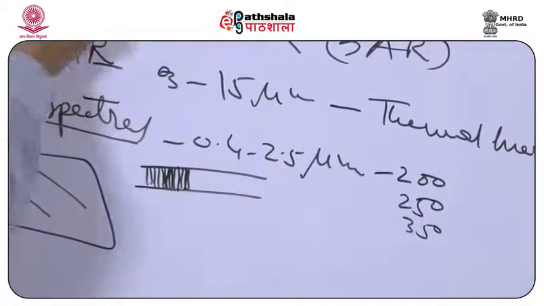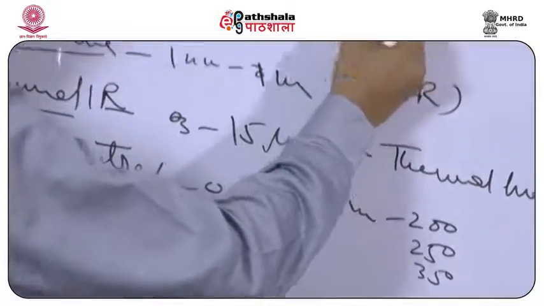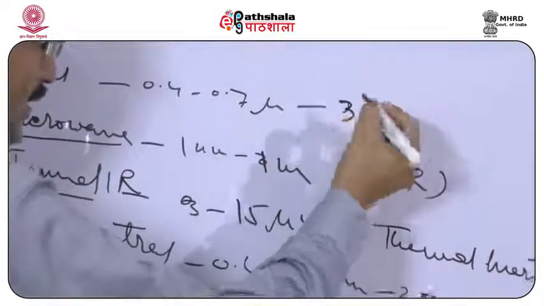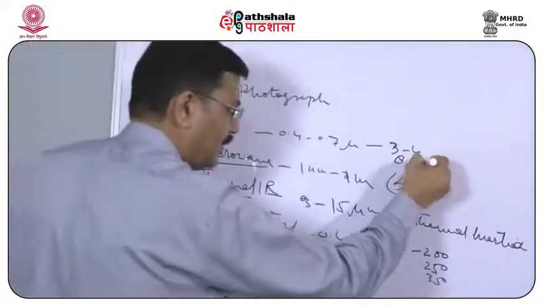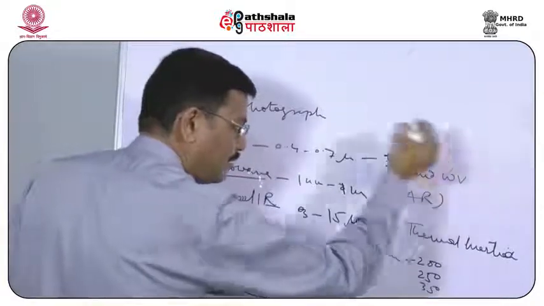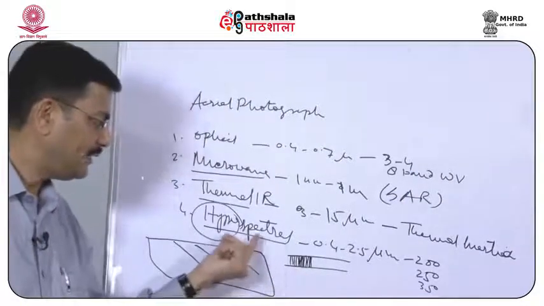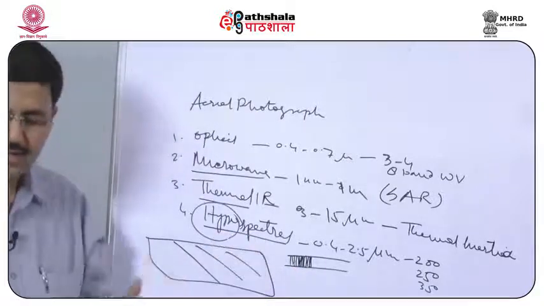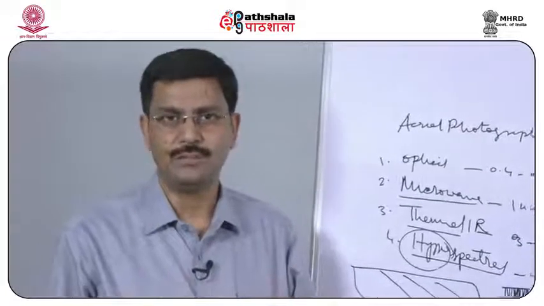Whereas in optical data, we have 3 band, 4 band, or the best data we have, the 8 band data of WorldView. So this hyperspectral sensor has been designed in such a way that it can be mainly used for geological studies.